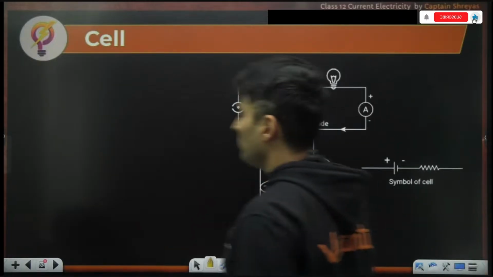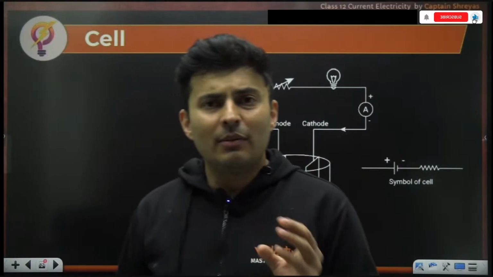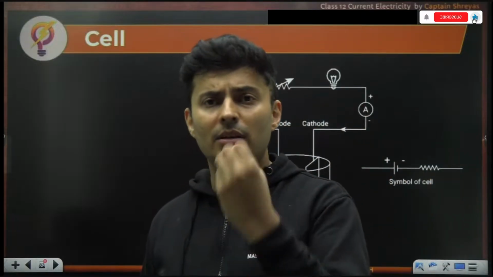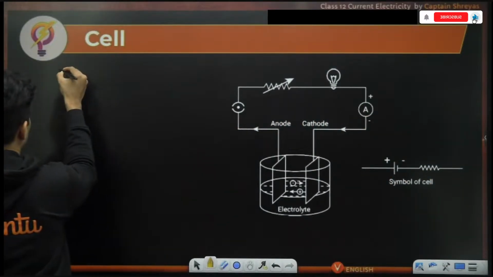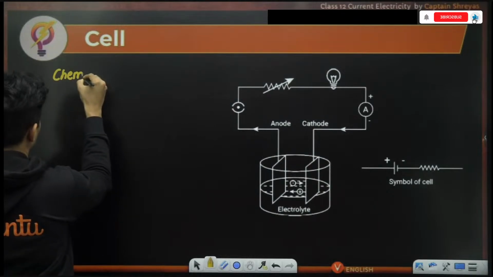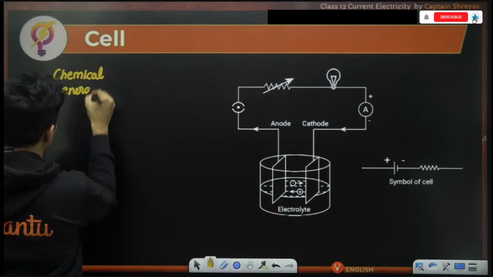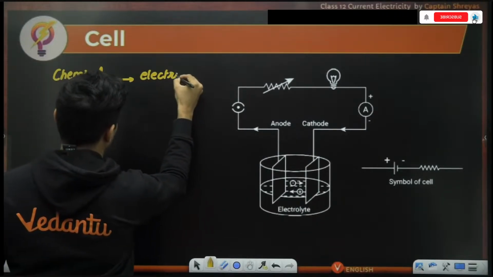Observe. A battery or a cell is basically a device which converts the chemical energy stored in it in those electrolytes into electrical energy.